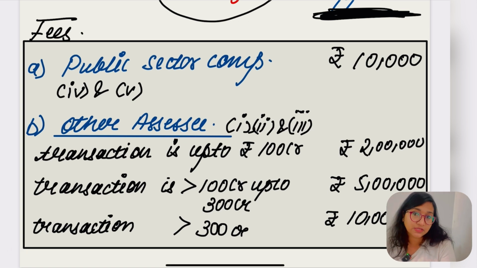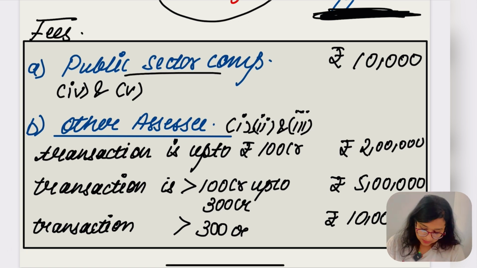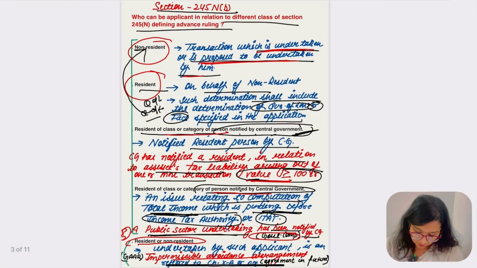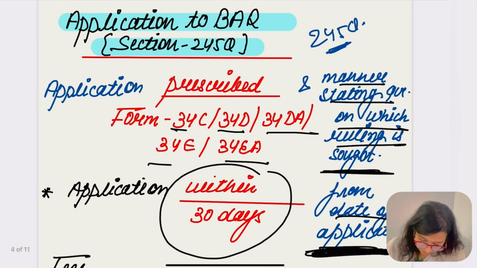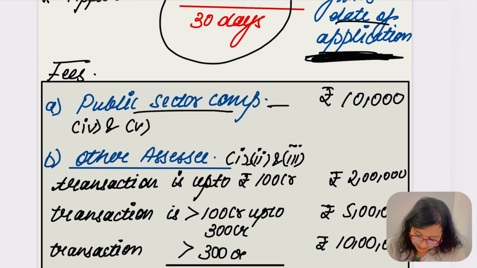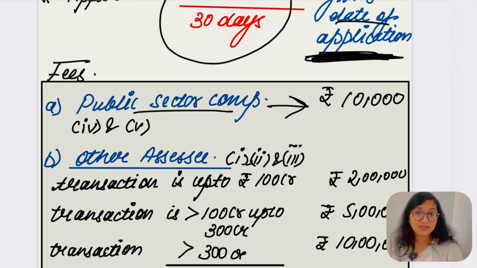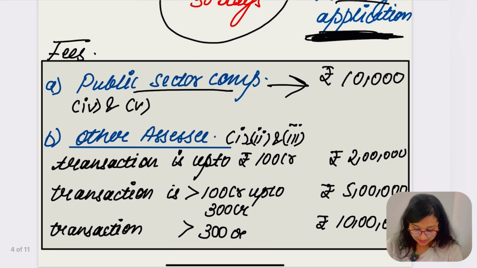Now, what are the fees prescribed here? For PSU, public sector undertaking, and the last point, which means the fourth point and the last point, the fifth, of resident, non-resident. Here we are talking about this and this. For fourth and for fifth, okay, the fees is going to be 10,000. Is it clear? Yes.